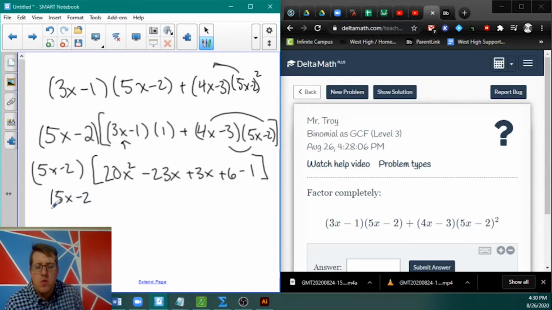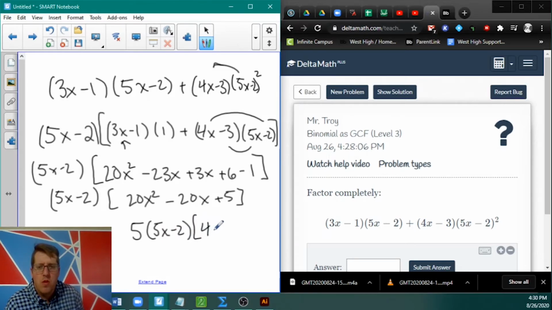So 5x minus 2. I'm wondering if I'm missing something really silly here. Times 20x squared minus 20x plus 5. Okay, all of that's divisible by 5. Should I have known that already? So I can pull a 5 all the way out front. And 4x squared minus 4x plus 1.